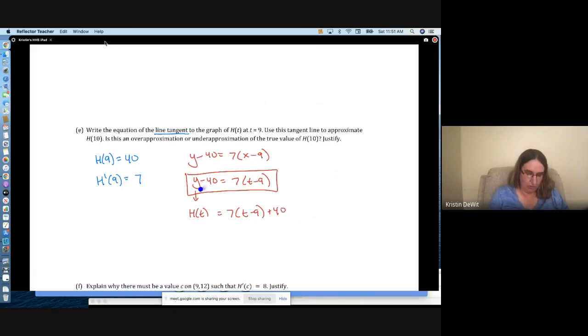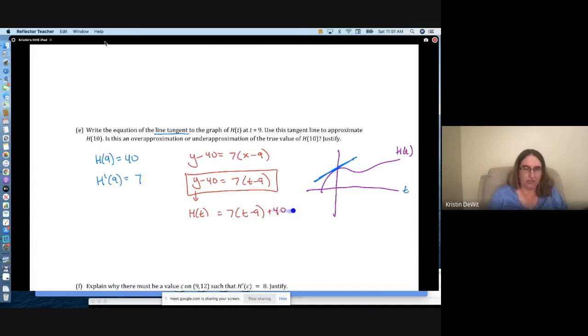But if you're wondering why I change this to a t, but I don't change the y to an h when I write my tangent line, it's because if we have a graph of h, let's just say there's my graph of h. That's h of t. When I'm finding a tangent line, let's say there's my tangent line I'm working on finding. The x-axis is t here, but that line is not the h line.